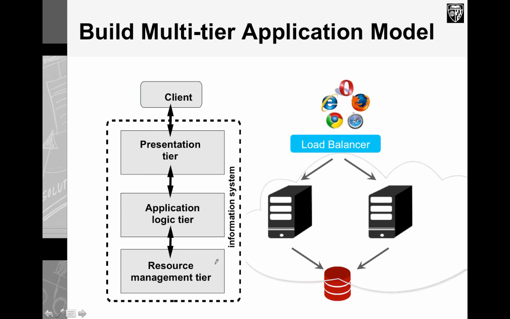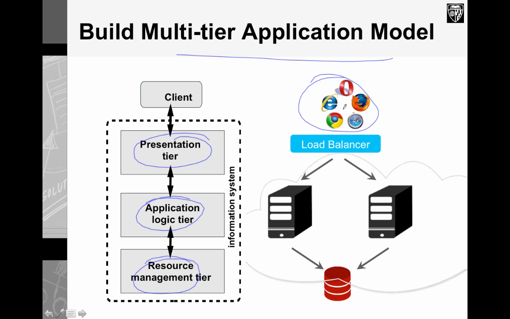The cloud-based managed application server vendor may allow you to build a multi-tier application model. That's very important. This is almost a requirement for every application server vendor that is in the cloud. That means you should be able to build your applications where you have presentation logic, application logic tier, and then the management tier to access the various resources. So when I talk about the client, I really mean your browsers or even your custom applications, which may be communicating with the load balancer, talking to the various application servers, and all the apps that are deployed within the application server.